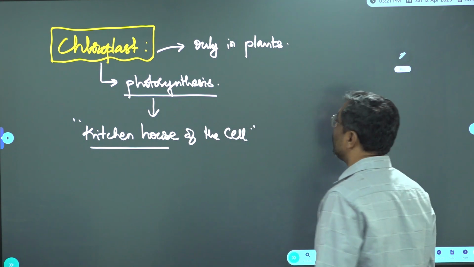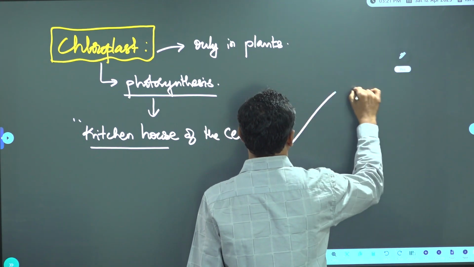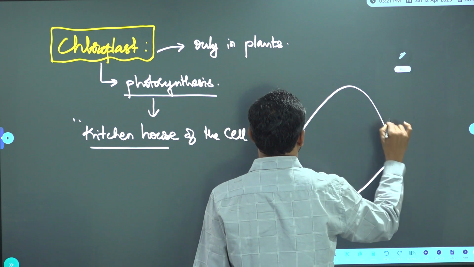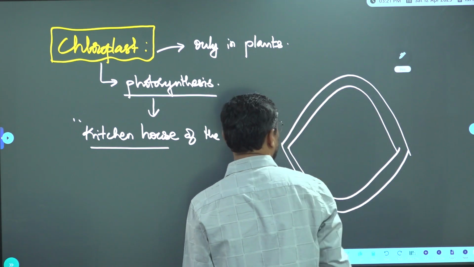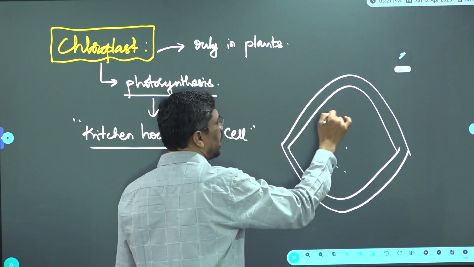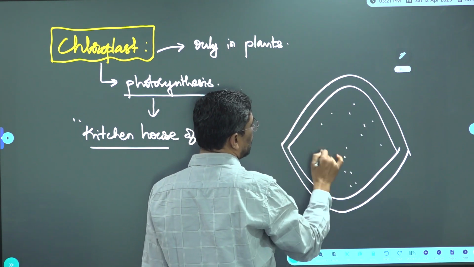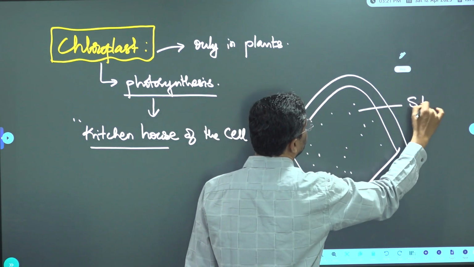If you observe the structure of this chloroplast, the chloroplast is also made up of two membranes. It is surrounded by two membranes, outer and inner membranes. Inside the chloroplast, there is a fluid called stroma.